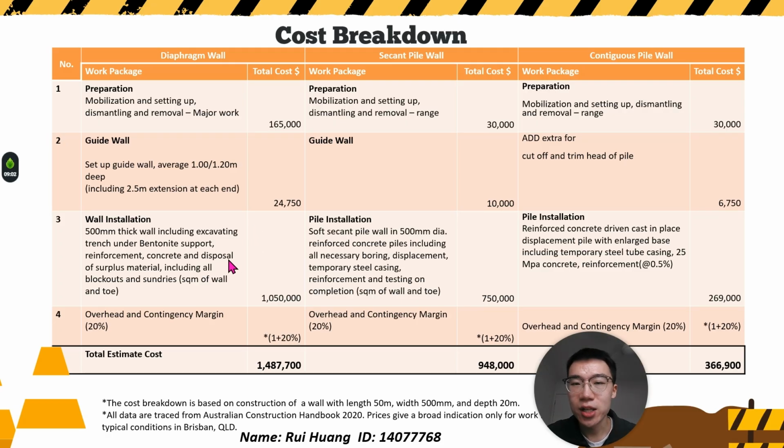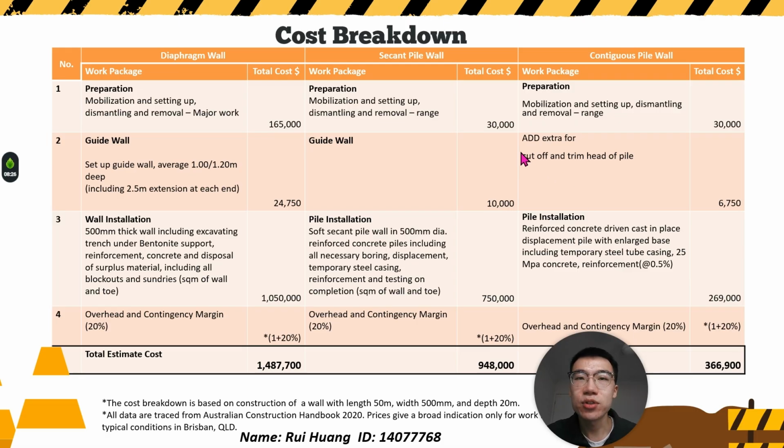The main wall installation, including trench excavation under bentonite support, steel reinforcement, concrete placement, disposal of surplus material, and all block outs and sundries, total is $1,050,000. A 20% overhead and contingency margin is applied across the subtotal. So the total estimate cost for diaphragm wall is $1,487,000.